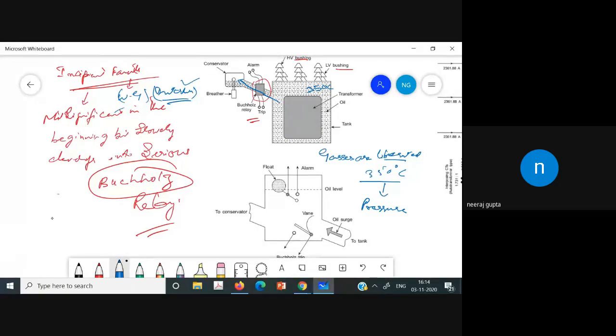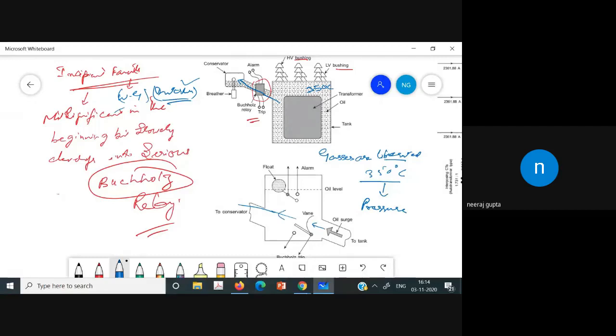Now, you can see a vane is placed in the path of the oil. The gases are coming from the oil, and the vane is placed on the path of the oil between the transformer and the conservator. This is the conservator and this is the transformer.